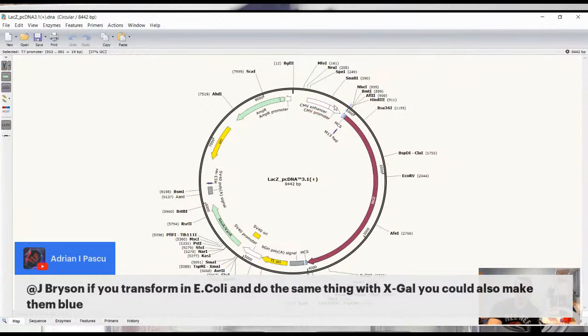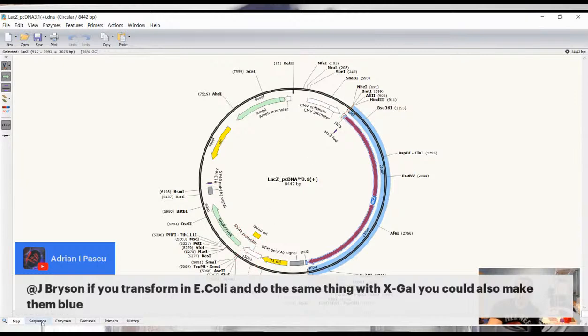All right, this promoter, the CMV promoter, is a human cytomegalovirus promoter from a human virus, and it will drive expression of what's downstream of it, which in our case is the LacZ gene. That's what makes the enzyme.